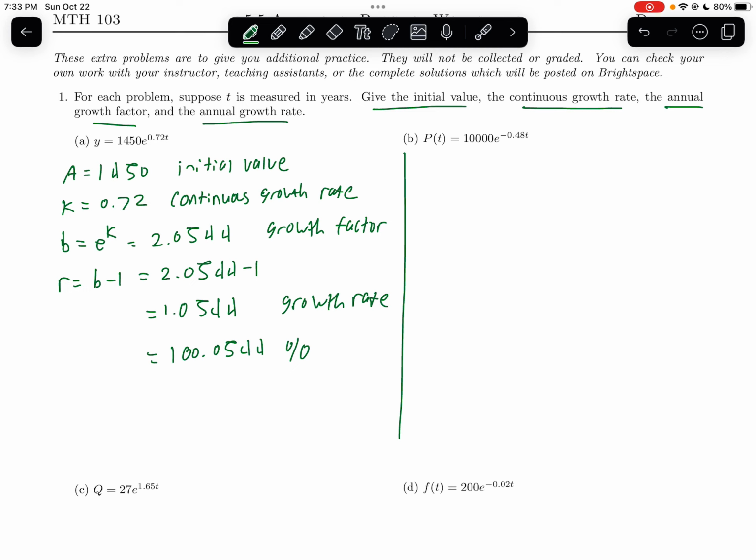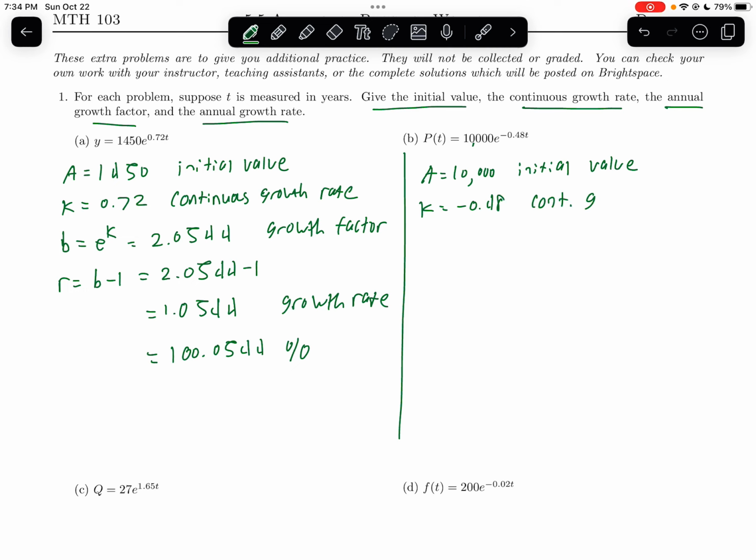Second one. So this is 10,000, so your initial value is 10,000. Your continuous growth rate is negative 0.48.